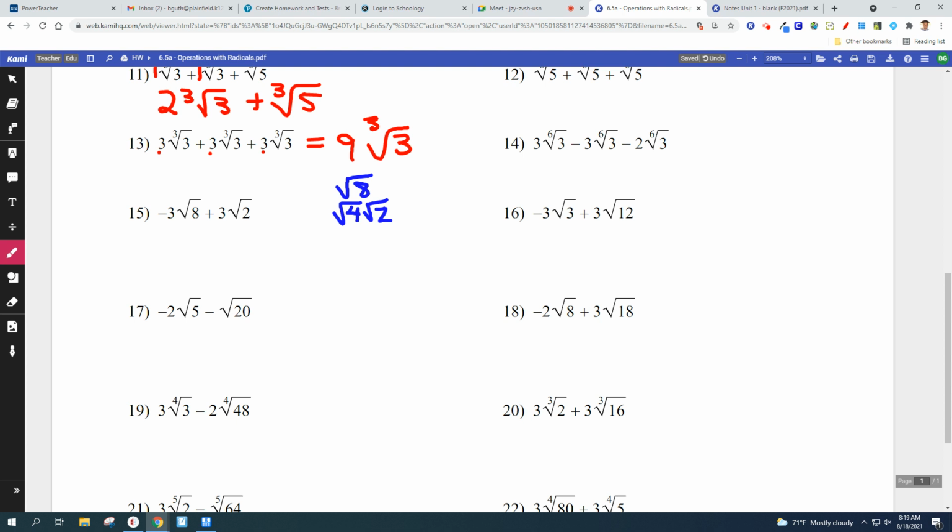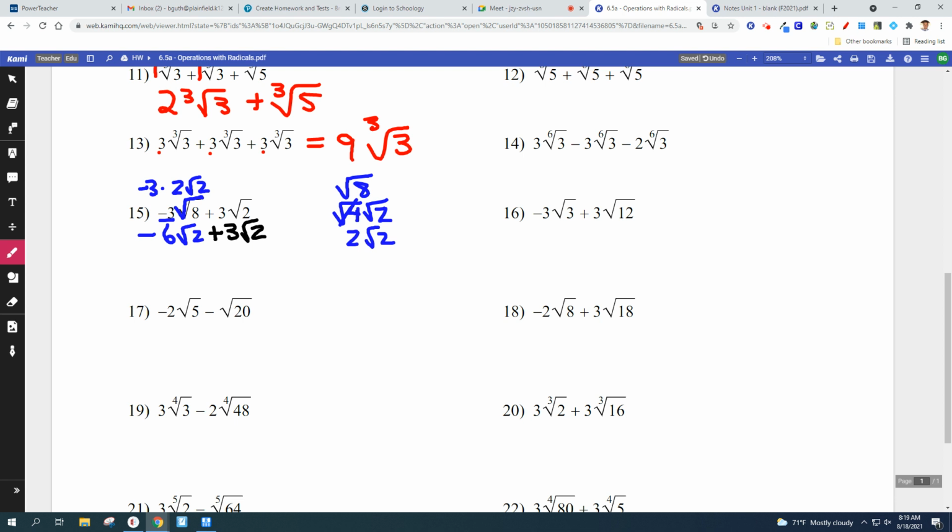Square root of 4 is 2, so that's 2 times the square root of 2. So really what we have is negative 3 times that, or negative 6 times the square root of 2. Don't forget to add on this 3 square root of 2, and now we're using like terms.